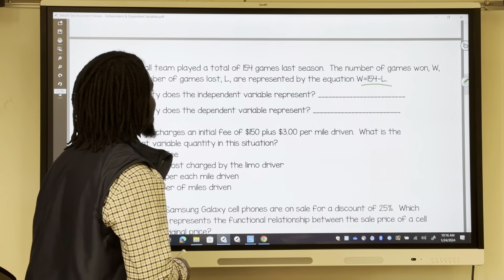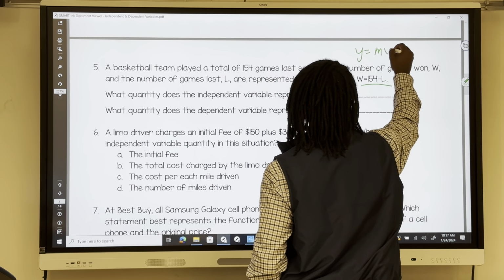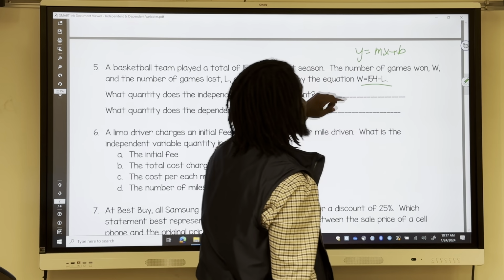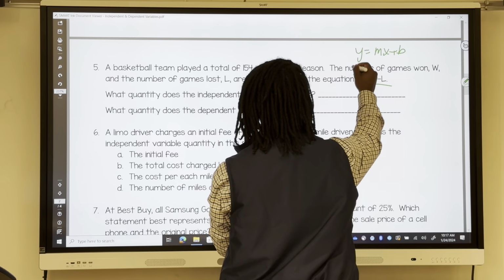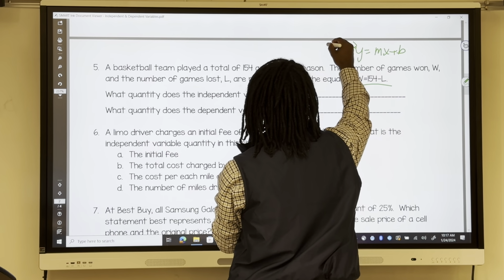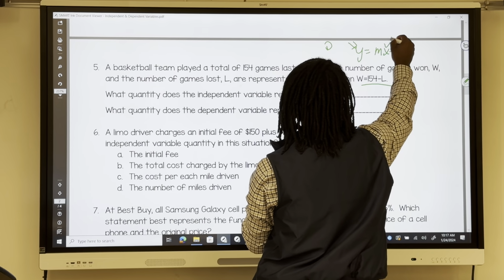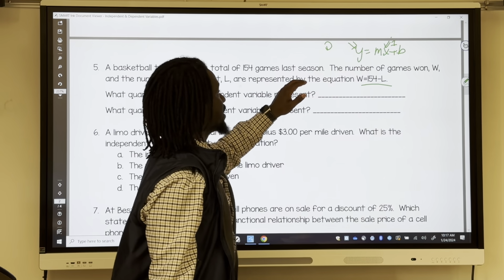If you will remember from last time, y equals mx plus b, where the y is the number outside, the y is also the dependent variable, and the x is the independent variable.